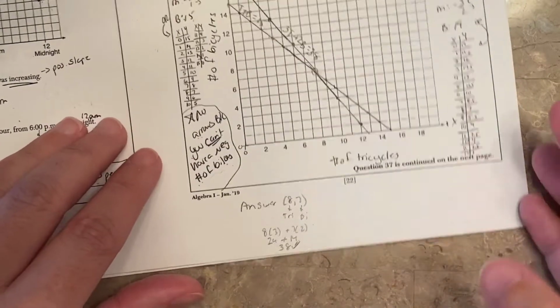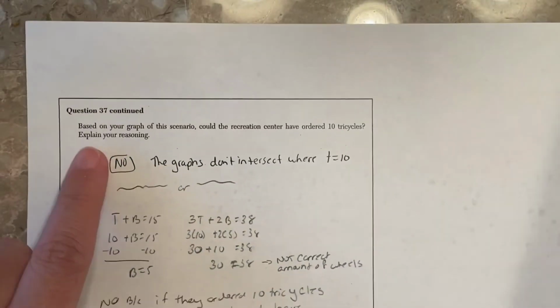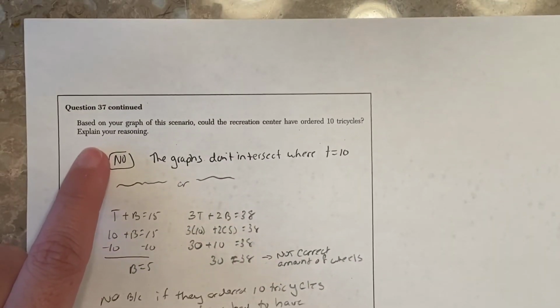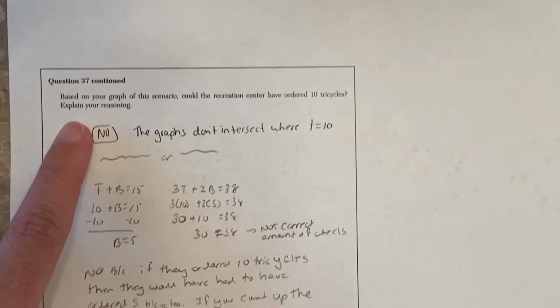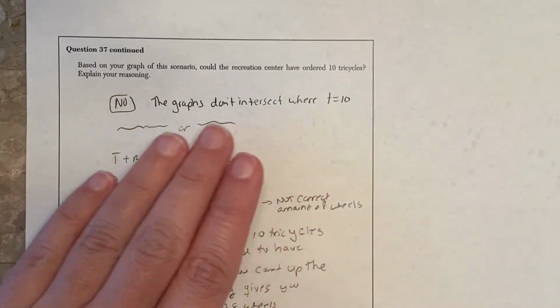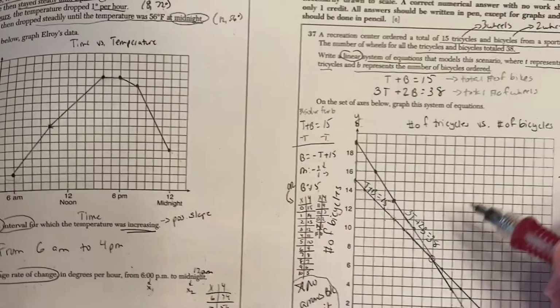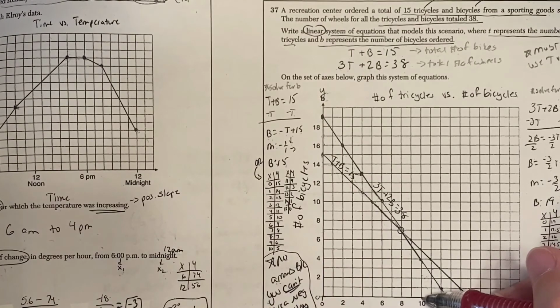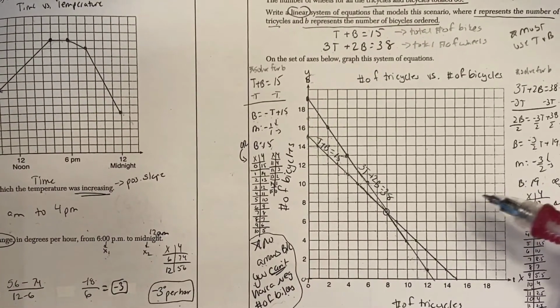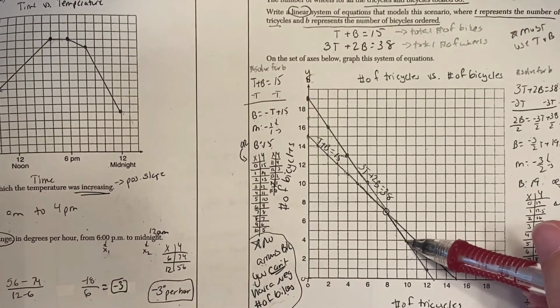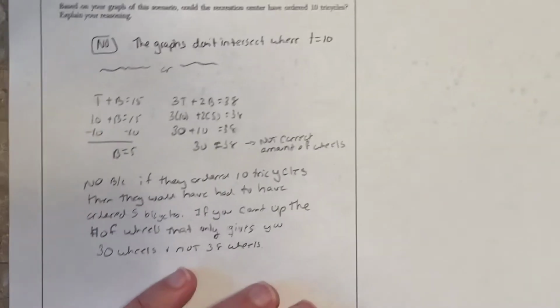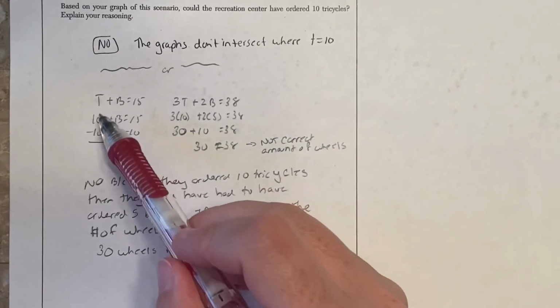Okay, but that's not what the question was. The question was, based on your graph of the scenario, could the recreation center have ordered 10 tricycles? So basically it's no. They simply just accepted the graphs don't intersect where t equals 10. They accepted that. I also wrote this. I basically plugged in the 10 for t.